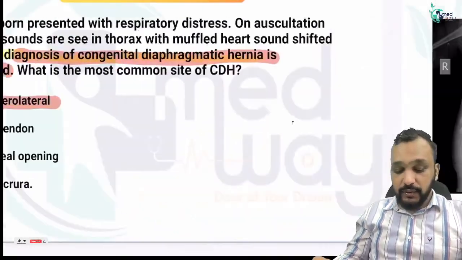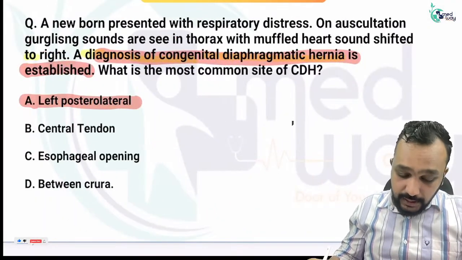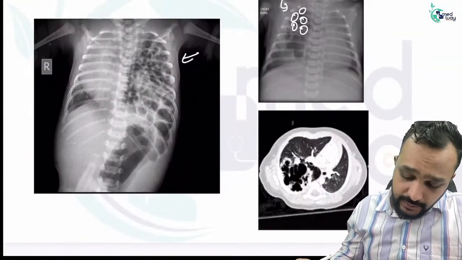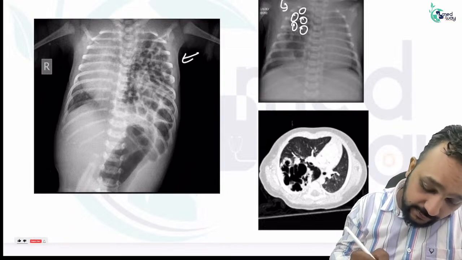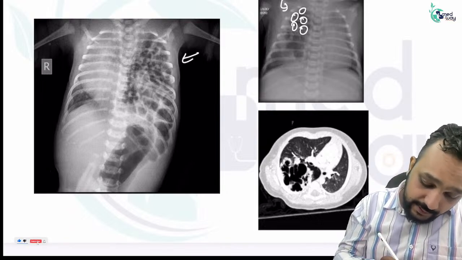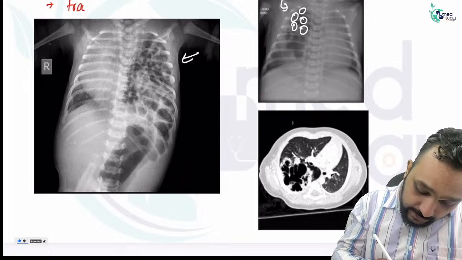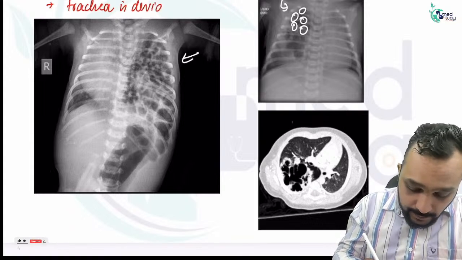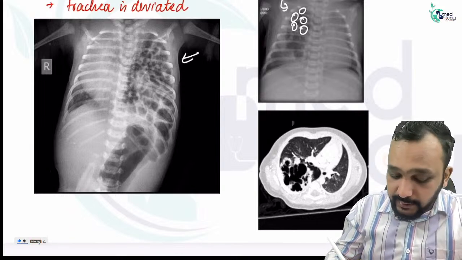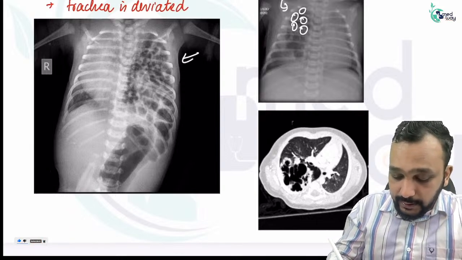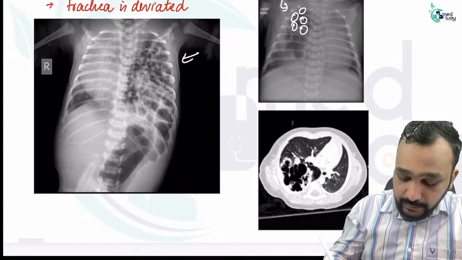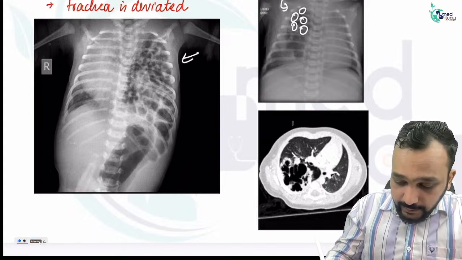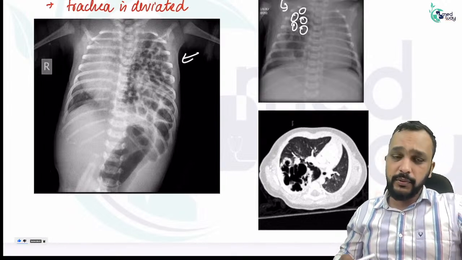Now guys, we have to see what is the difference between these two lucencies. In the first case, we can see that trachea is deviated to the opposite side, whereas in image B we can see that trachea is midline, right? So when trachea is deviated to the opposite side, what are you going to think of?